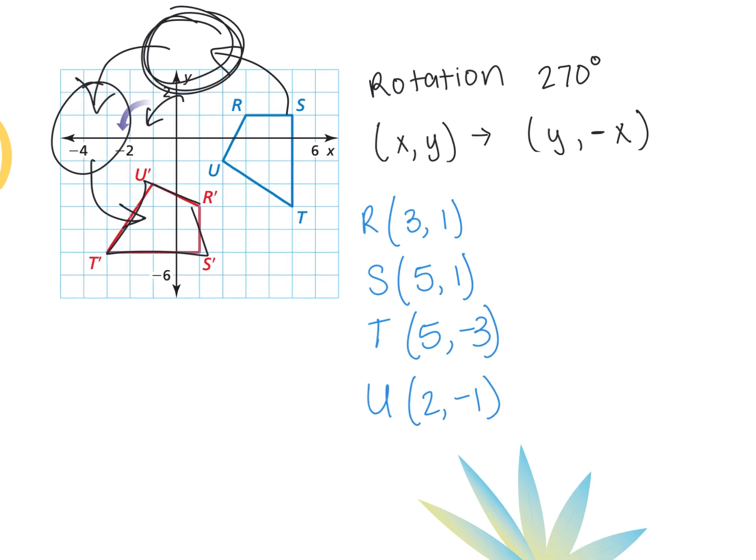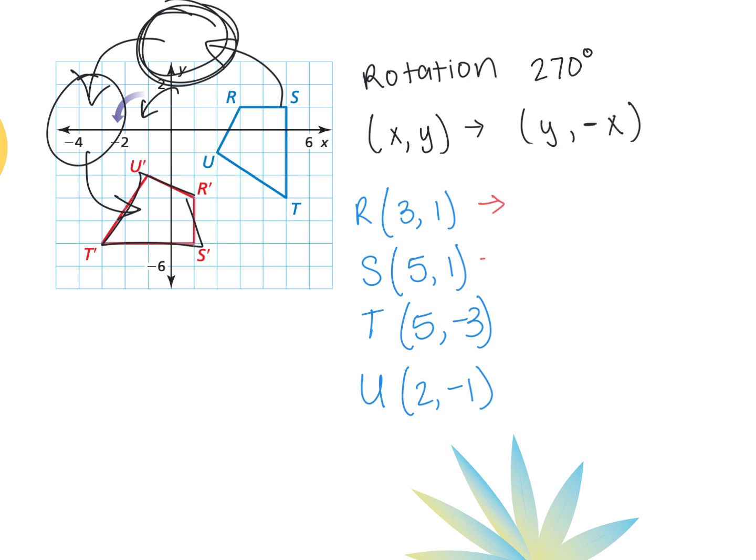All right. Again, I could just follow the rule. I don't need to look at the coordinates. I don't need to look at my coordinate plane. All I'm doing is switching them and changing the sign of my X. Would someone like to try the first one? What would my coordinates be for my new R? Let me write R prime. 1, -3, good.